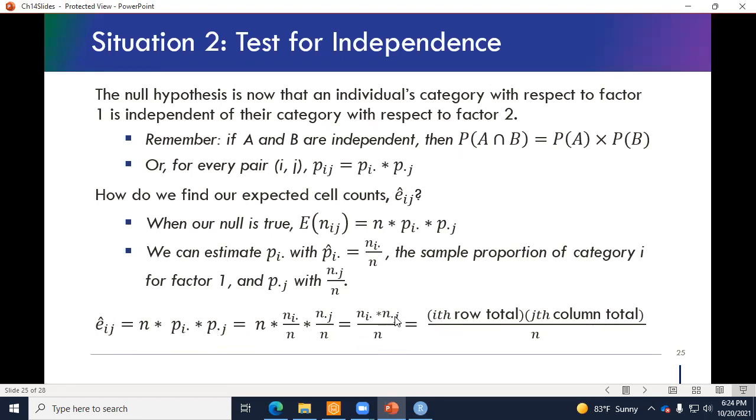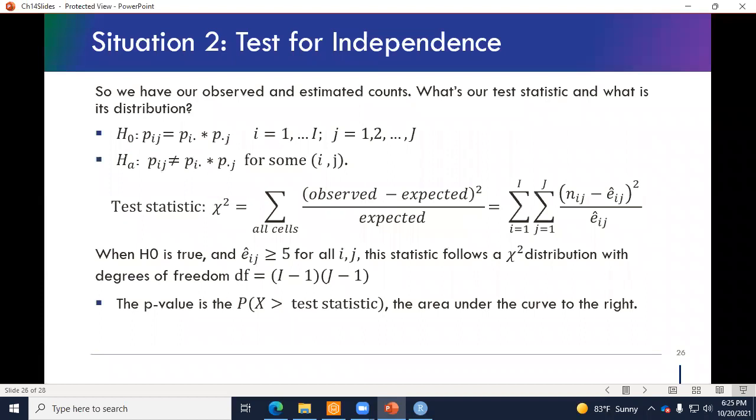I feel this is easier if you look at the table. Everything is the same as for the test of homogeneity in terms of calculation, but we are testing different things. Our null and alternative hypotheses would be totally different.